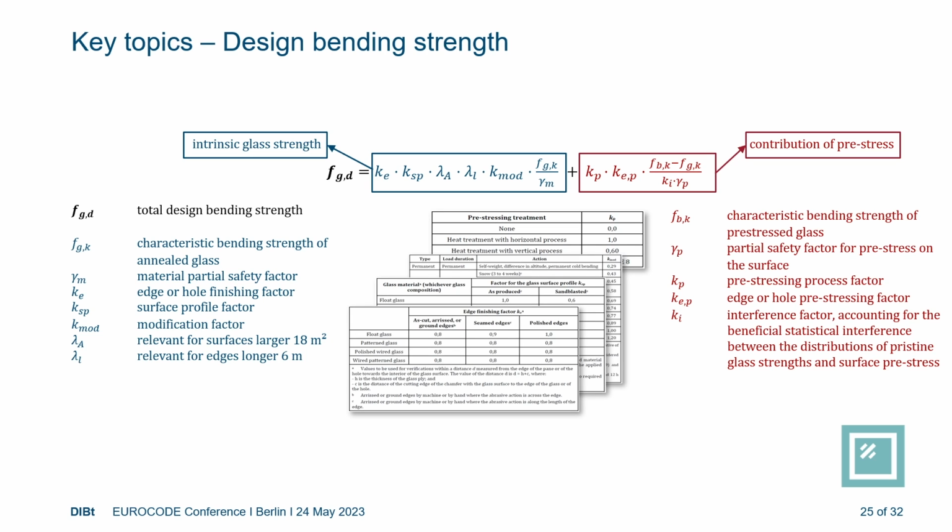You can see here the intrinsic glass strength will be added to a part of, which you can see there. It is the difference of the overall total design bending strength minus the intrinsic characteristic bending strength of the annealed glass, and that is the contribution of the pre-stress.